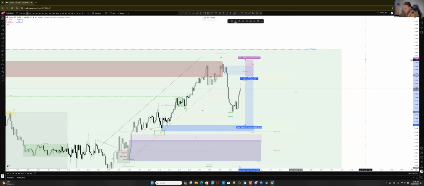And then we're going to position for 15 months. Let's put the sell limit. Now, if price reacts from this imbalance, then that's the zone that we're not interested in.